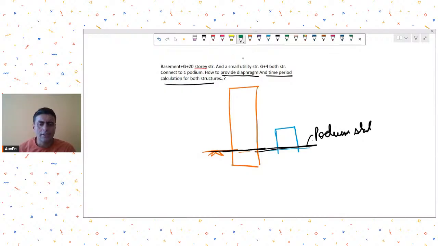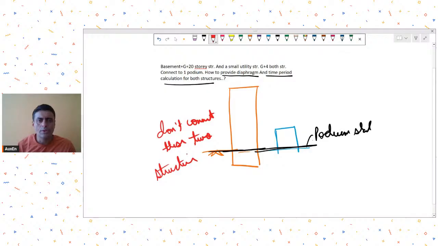So my suggestion in this case will be, because these are so different, so dissimilar structures, connecting them together by one diaphragm, I think does not make good sense. So my suggestion here would be that don't connect these two structures with a common diaphragm.